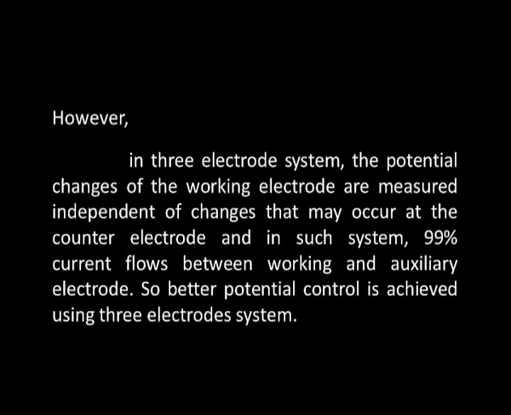However, in a 3 electrode system the potential changes of the working electrode are measured independent of changes that may occur at the counter electrode, and in such a system 99% current flows between working and auxiliary electrode, and therefore better potential control is achieved.